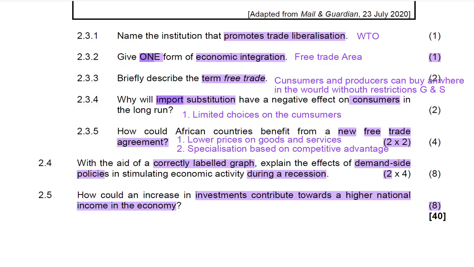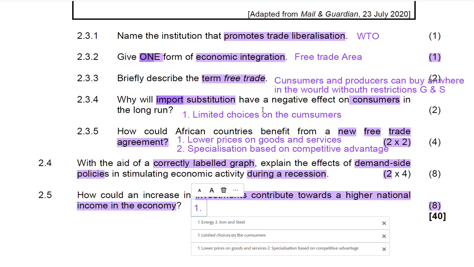And if there's more production, it means more employment. It means SARS can collect more money. Some of the money will be used for infrastructure development. Some will be used to create production for export. So a lot can happen as a result of an increase in investment in the economy.